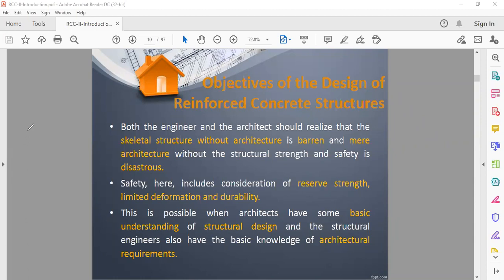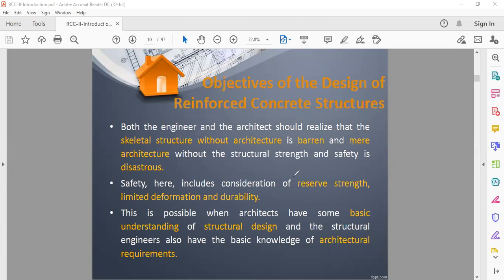Otherwise, if you just create only a frame structure, only beam, column, slab and wall, and you do not provide any kind of aesthetic to it, it won't look good. Nobody is attracted towards that, and that's the reason. Basically, this is very important, wherein how that particular look is.